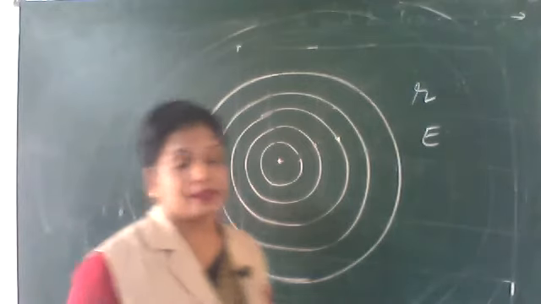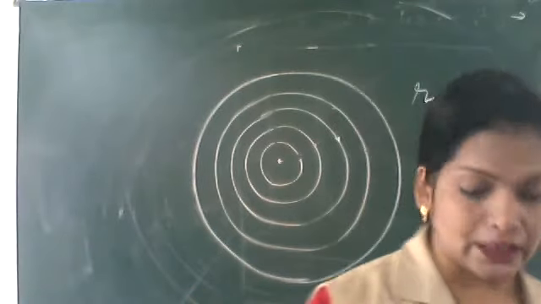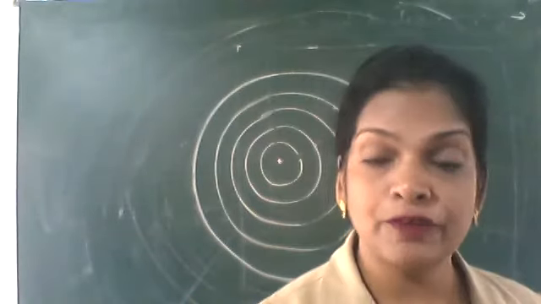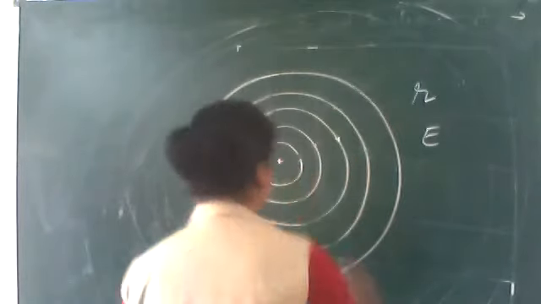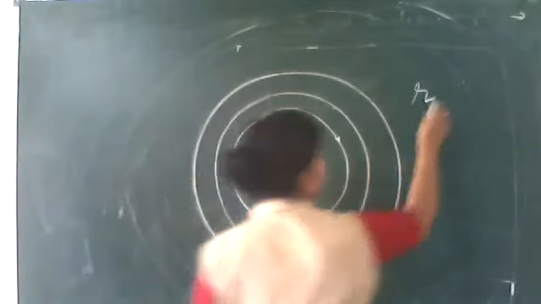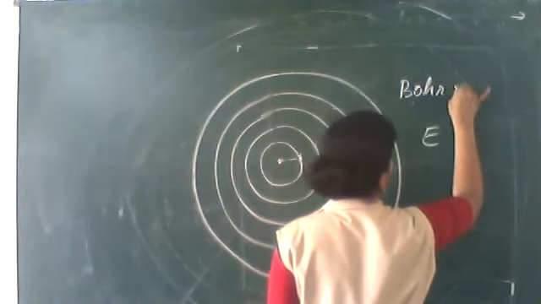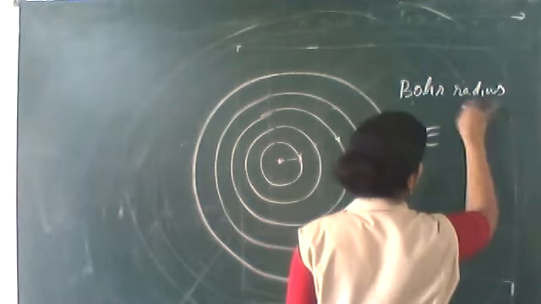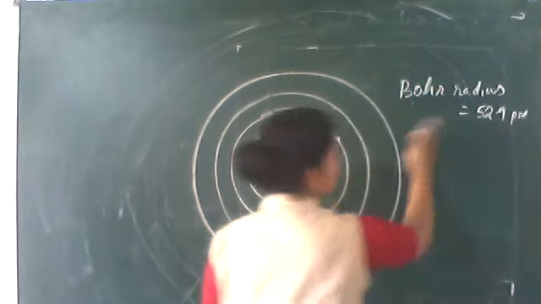Write down the radius of Bohr orbit, B-O-H-R, is 52.9 picometer. This is the Bohr radius, so that is the smallest radius. Bohr radius is equal to 52.9 picometer.